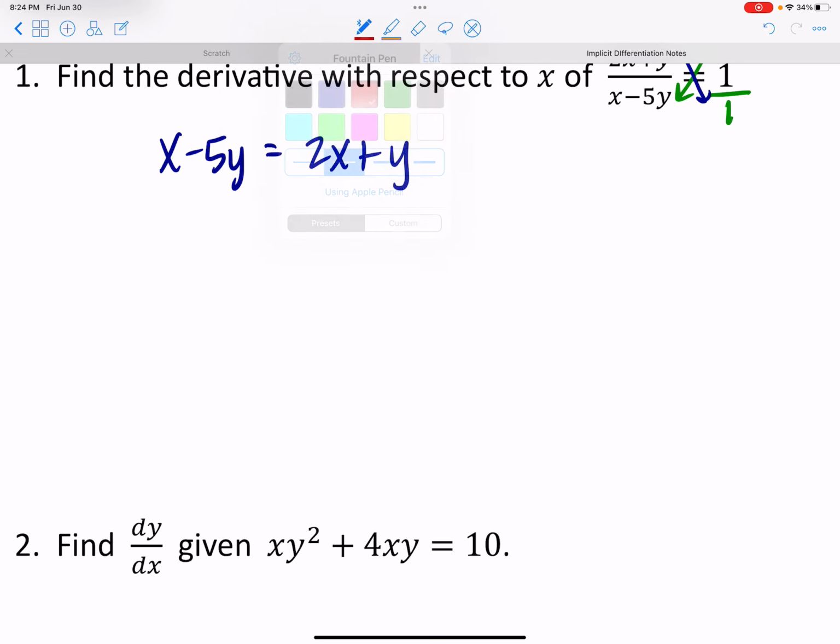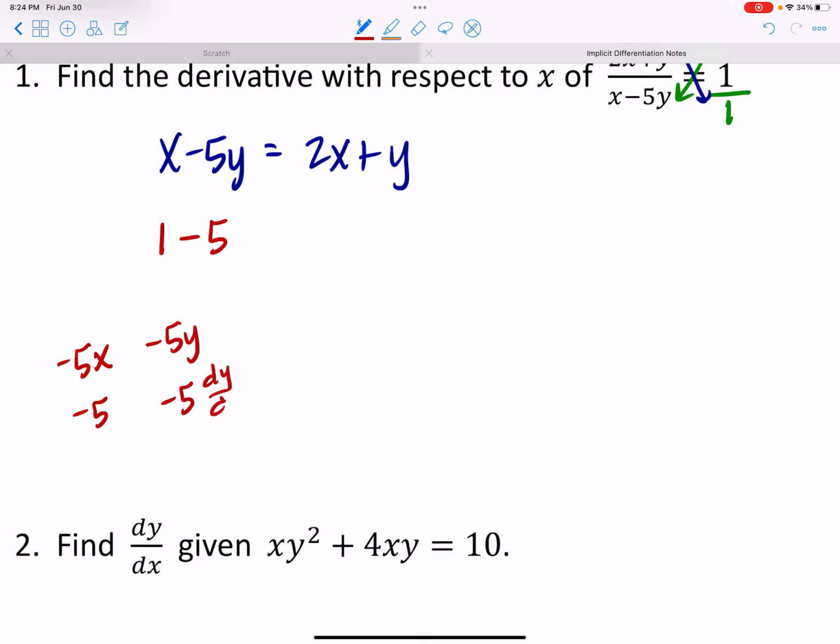So the derivative with respect to x of x is just going to be 1 minus, if this was a 5x, it would be a negative 5, right? So it's negative 5y, which means, again, if it was just negative 5x, our derivative would be negative 5. Because it's negative 5y, it's going to be negative 5 again, but it gets a dy dx.